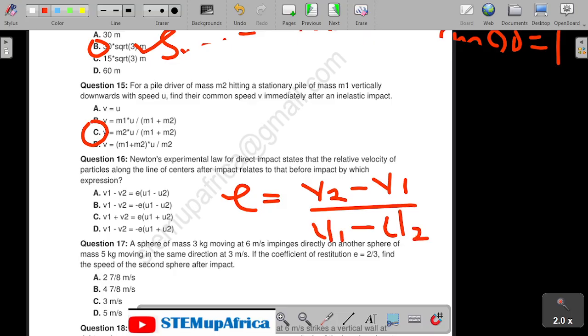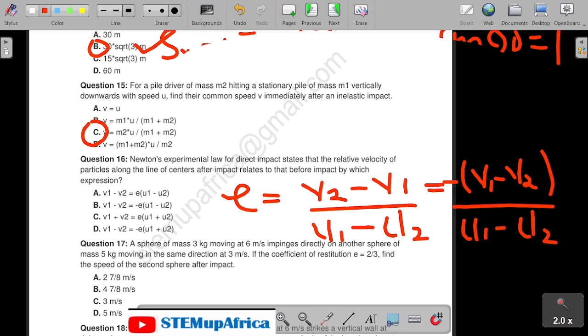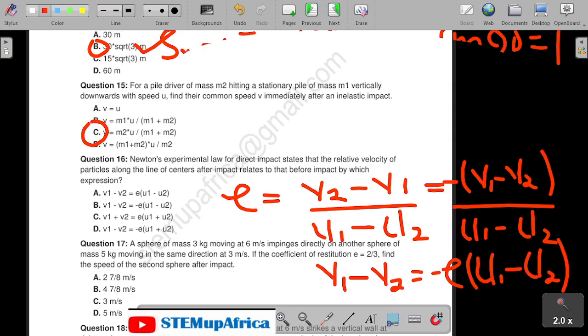That is the formula for calculating restitution. If I make v1 minus v2 the subject, going from stage 1 to stage 2, that's what I will have. So if I cross multiply, I'm going to have v1 minus v2 equals minus e into u1 minus u2, which is option B.